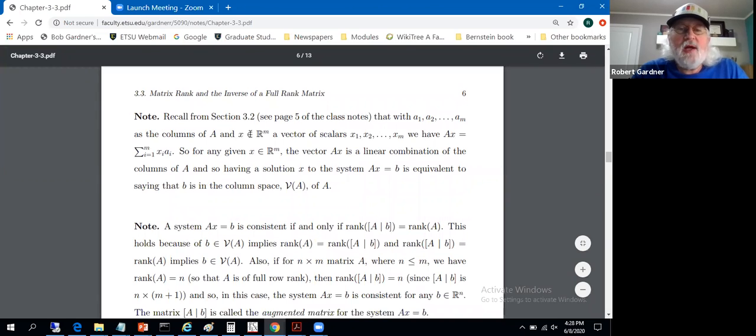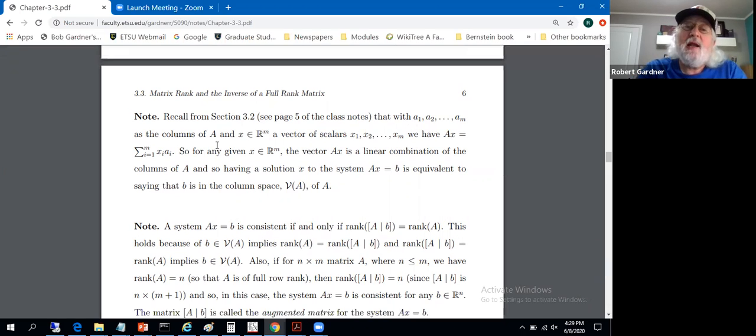All right, we made a little comment in section 2. If we take A1 through A sub m, as we commonly did, as column vectors, they're the columns of matrix A, and we let X have components X1 through X sub m, be a vector from Rm, where A is an n by m matrix, as usual.